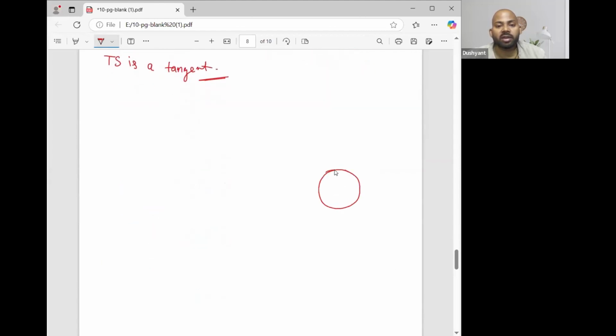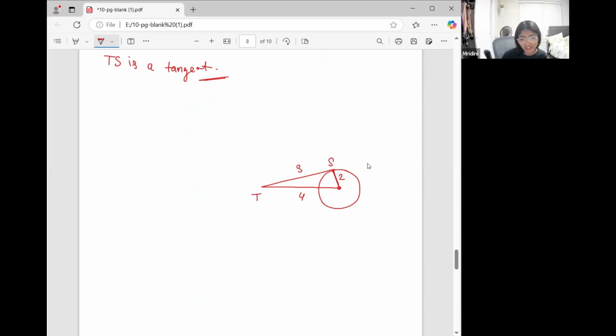Suppose again we have the same figure, but this time the measurements given are 4, 3, and 2. So will that be my tangent TS? Here 3 is not the hypotenuse.